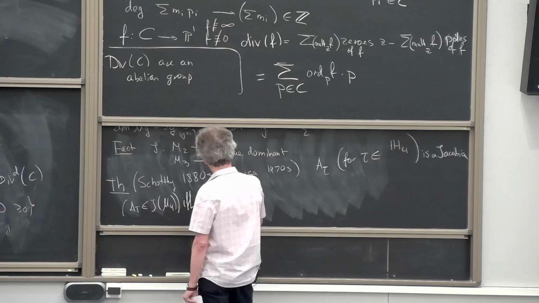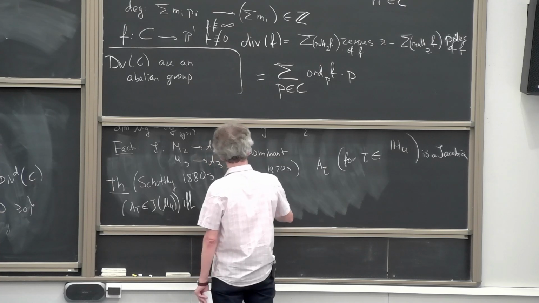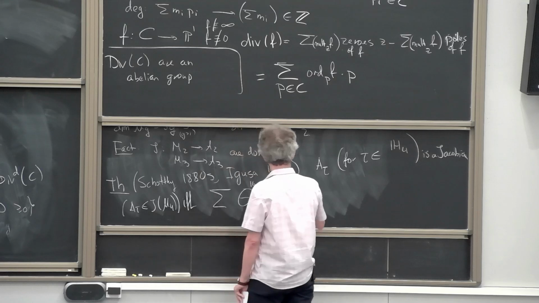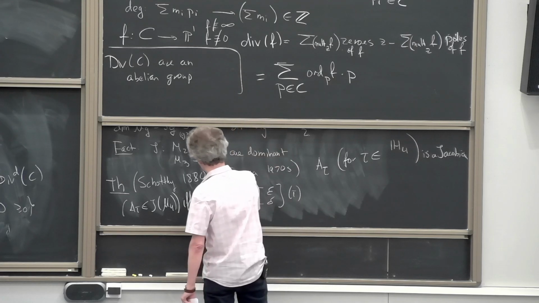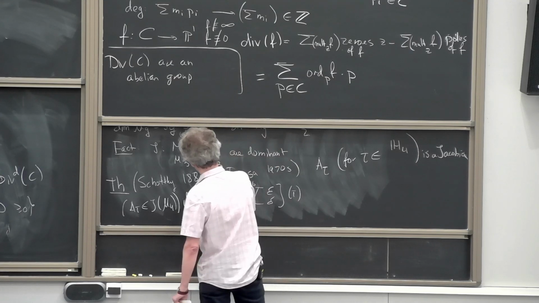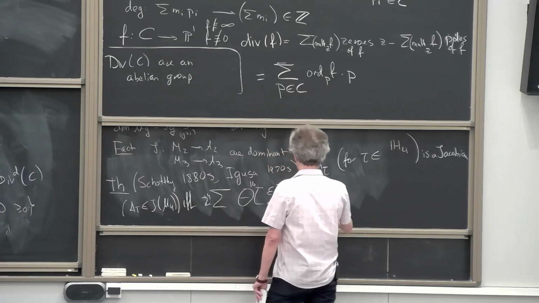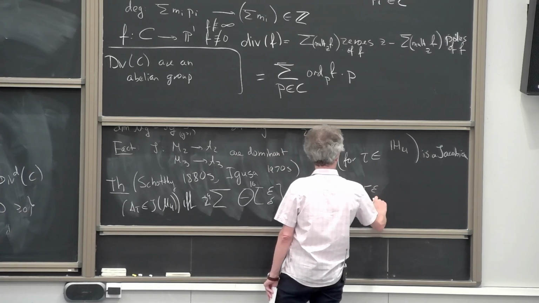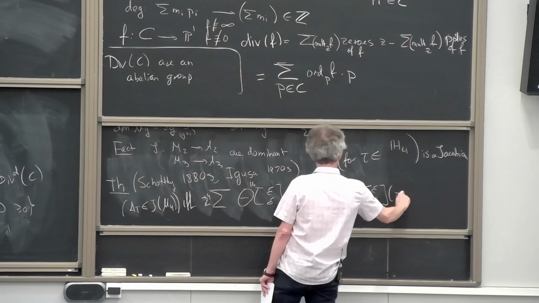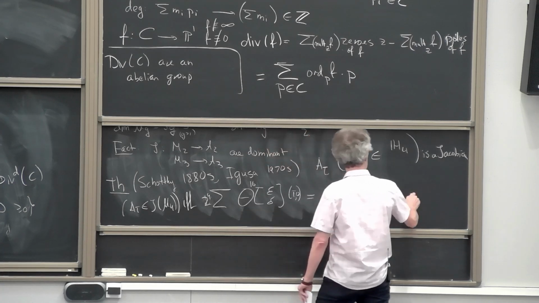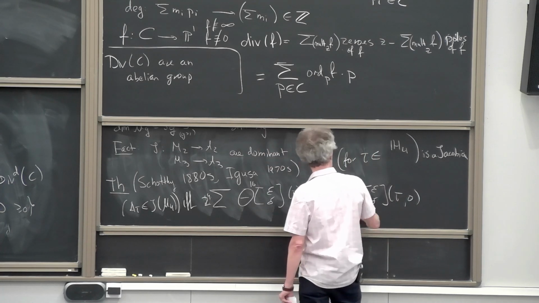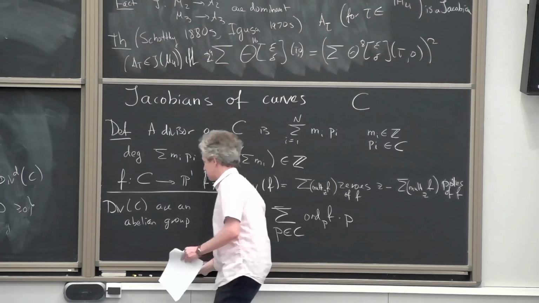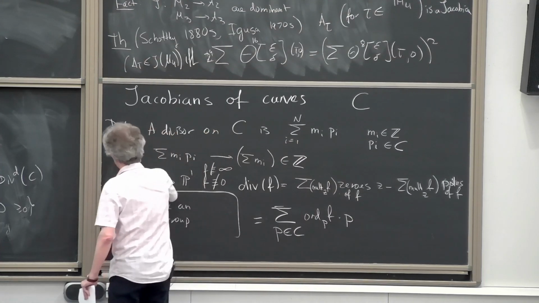So the sum of theta epsilon delta to the 16th power of tau, 16, 2 to the 4th, is equal to the sum of theta to the 8th power epsilon delta tau, let me put a 0 here, squared. I'm not done. I have to explain to you what I wrote.